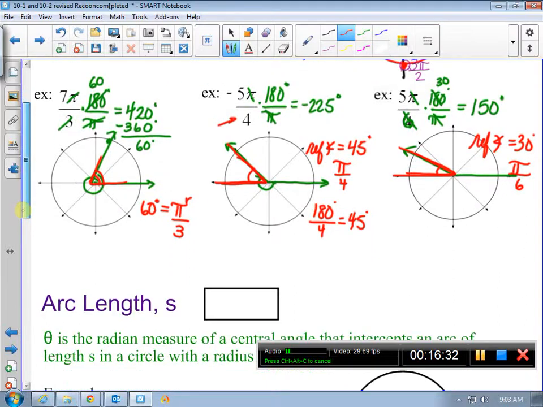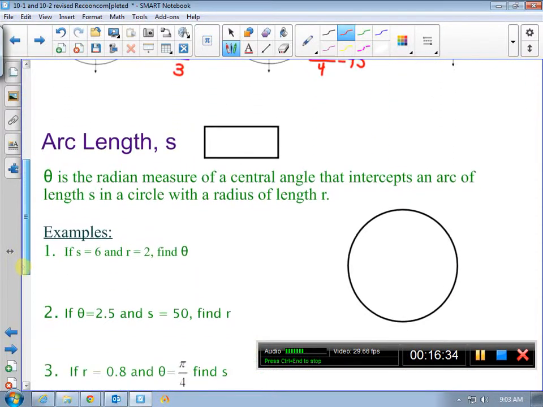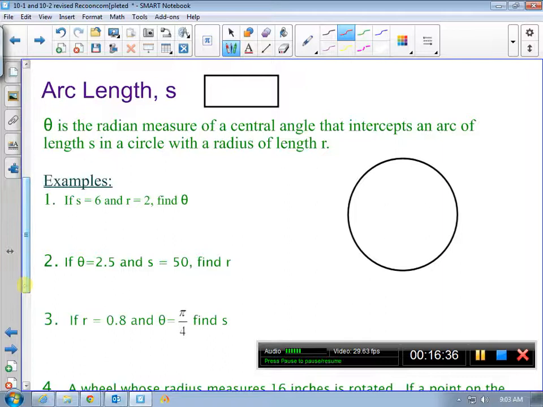All right. So it's a lot of converting. You need to be very good going back and forth, converting degrees to radians and radians to degrees. And now the last part of the lesson has to do with arc length of a circle.